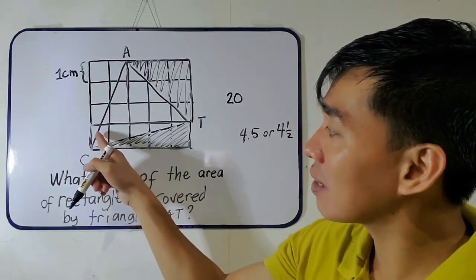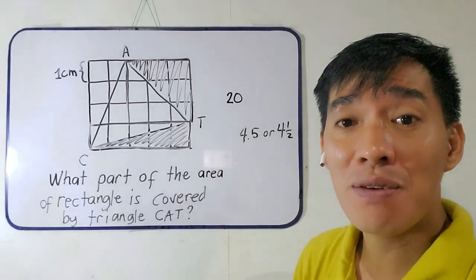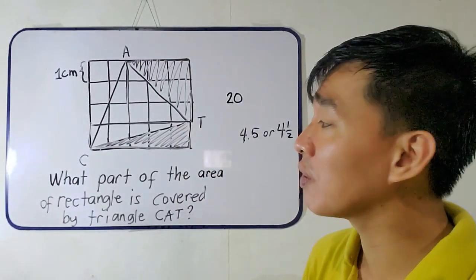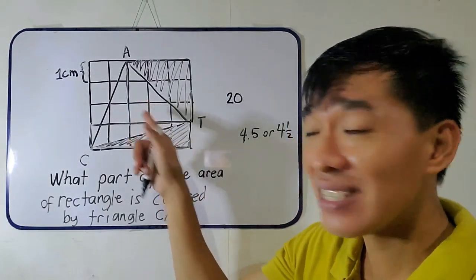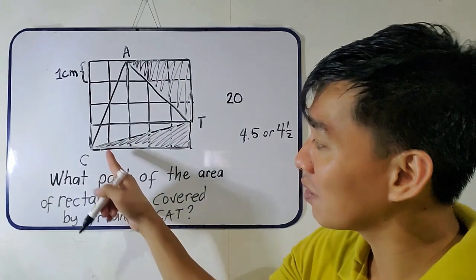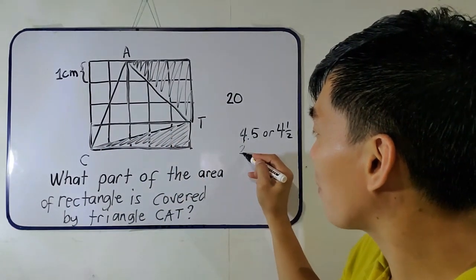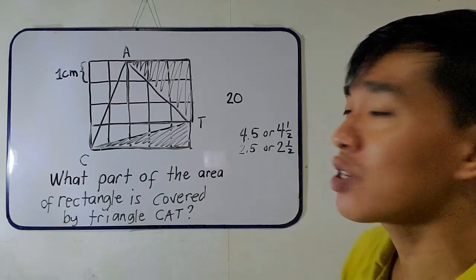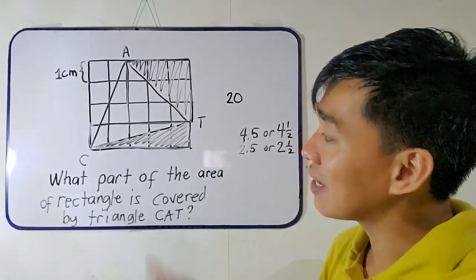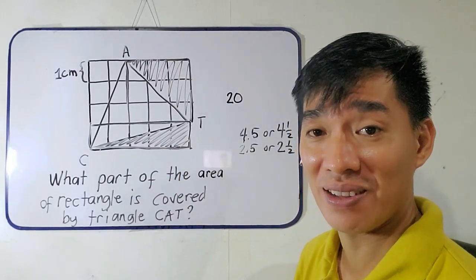So if this rectangle here is 1, 2, 3, 4, 5 square centimeters, you will divide it by 2 because half is not covered or not inside the triangle. So this is 5 divided by 2, that's 2.5 or 2 and 1/2 square centimeters is the shaded figure here, which is outside the triangle.